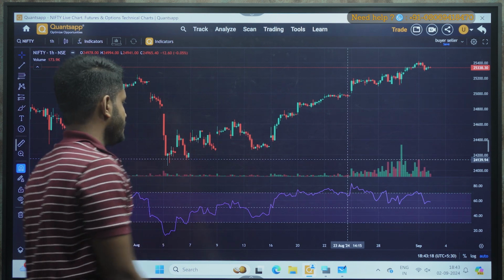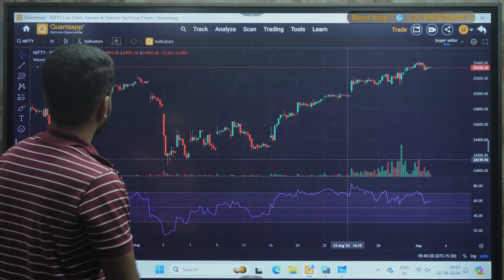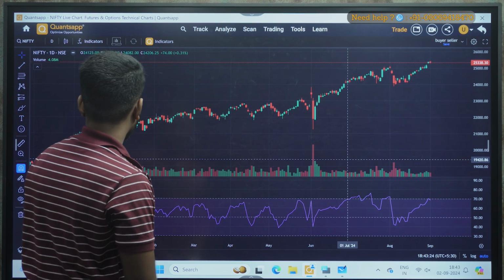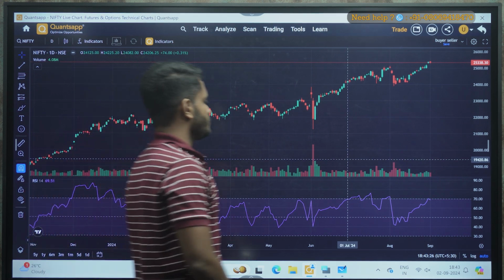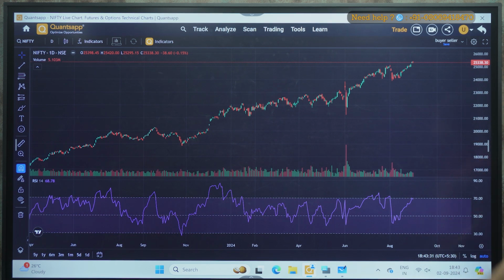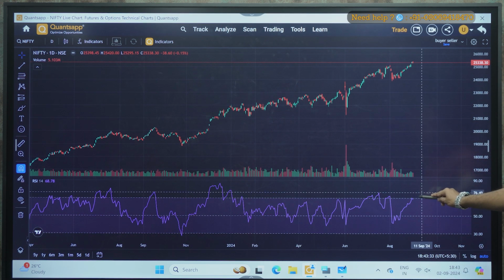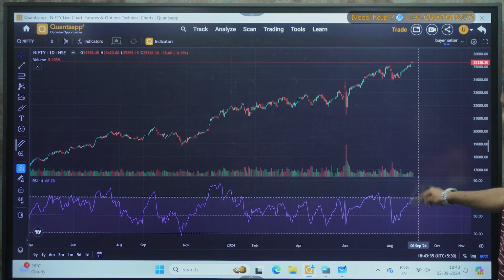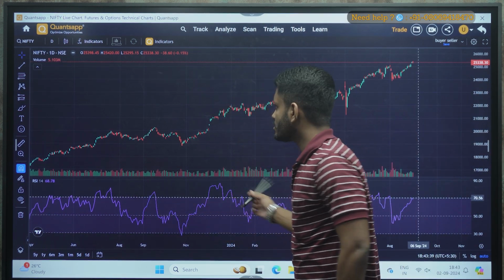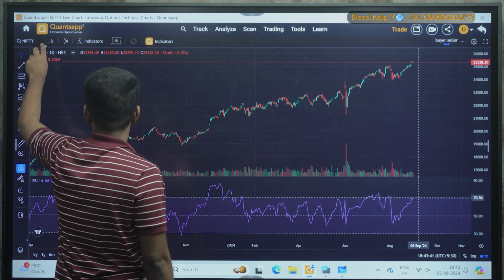Let me get into the daily chart. If you see, RSI on the daily time frame chart is somewhere near its resistance. RSI always reverses from this level, correct? More or less you can say. So RSI is also at a resistance level as per the daily time frame.